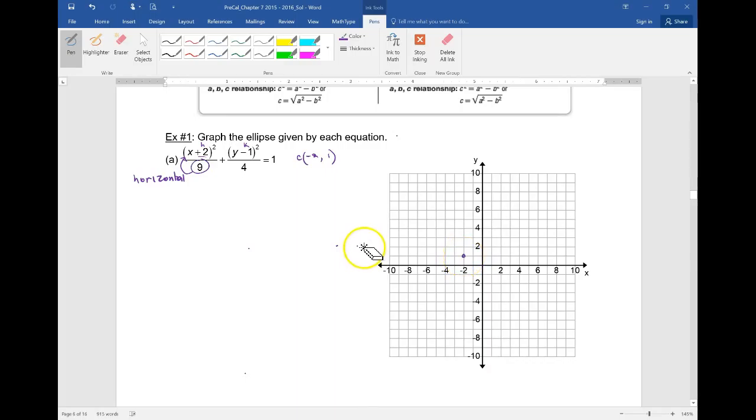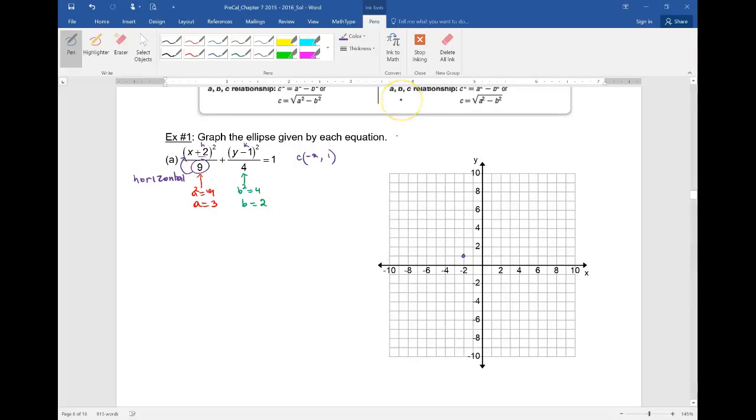Okay? Now, that number, the 9, is my A squared. A squared is 9. So how much is A? 3. B squared is how much? B squared is 4, so how much is B? 2. Now, if I have A and B, can I find C? Yes. What's the formula?